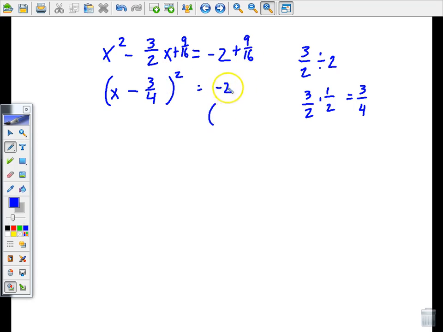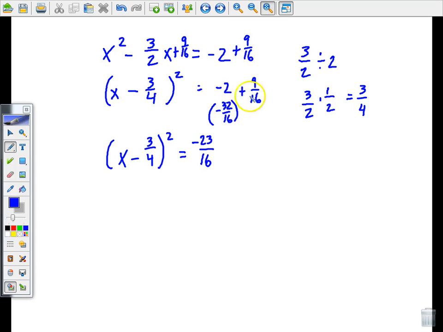Well, I'm going to look at negative 2 as negative 32/16, so that when I add these fractions together, now they have the same denominator, and I'm now at the point where I have x minus 3/4 squared equals negative 23/16.